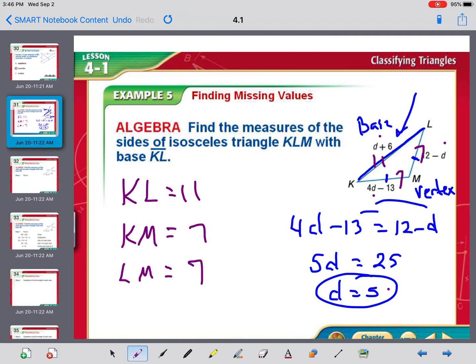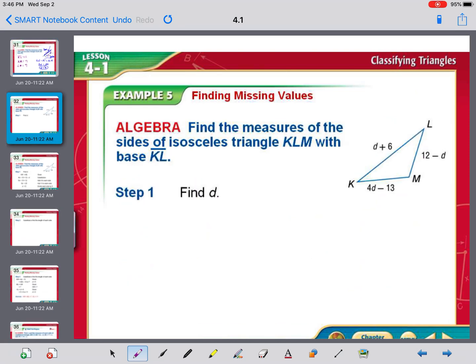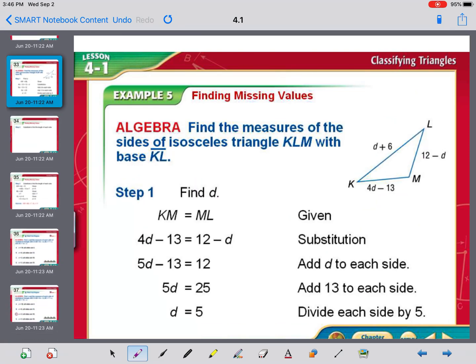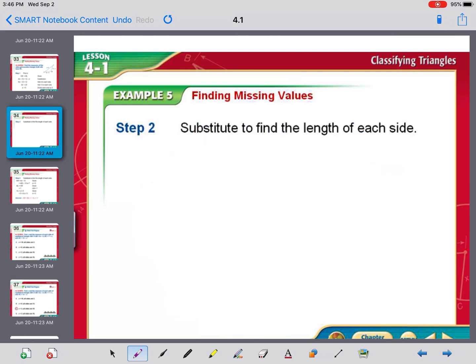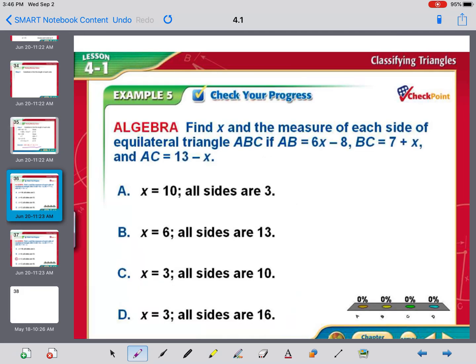And then LM, you put the 5 in there, and you get 7, which was good because we got 7 for that, 7 for that, 11 for that, and the two that were supposed to be congruent are. Great. Nice confirmation for us. So they found their D, they plugged their D back in, and they found the same pieces of information that we did. Last problem.